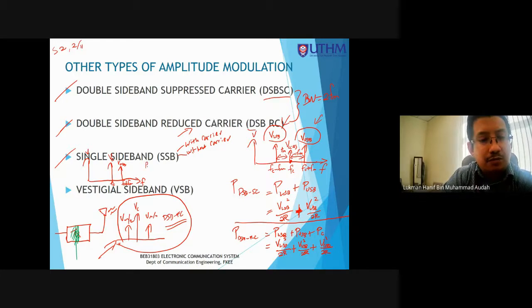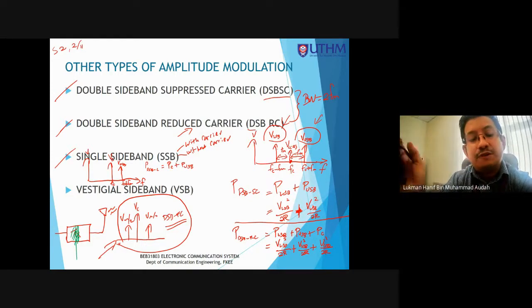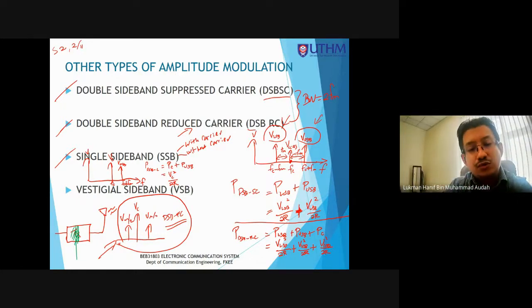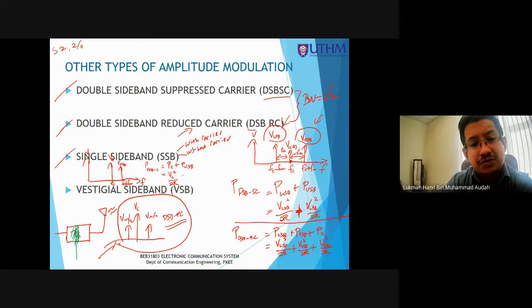In terms of power, SSB with carrier is equal to Pc plus Psb in my example. If you choose a lower sideband, that means the power of the lower sideband. As usual, Vc squared over 2R. The power equation is still the same based on Ohm's law, where V equals IR, and then we modify the equations to find the power. So this is plus Vsb squared divided by 2R.